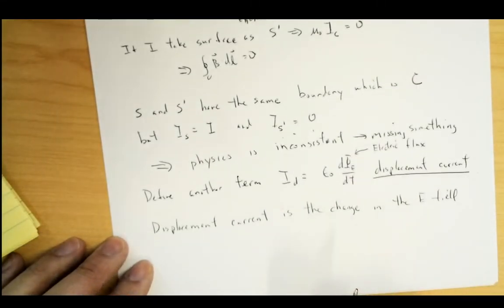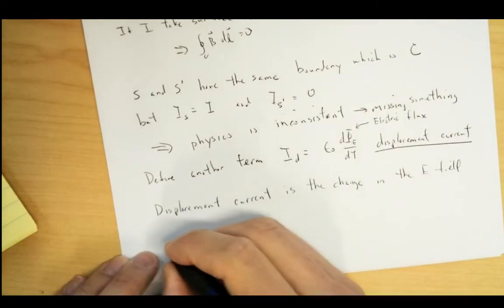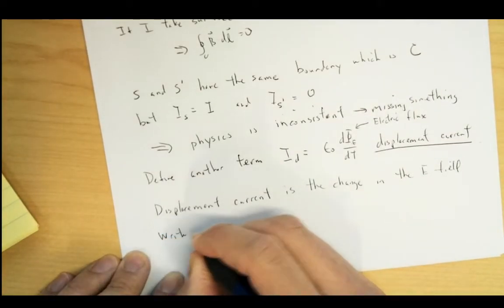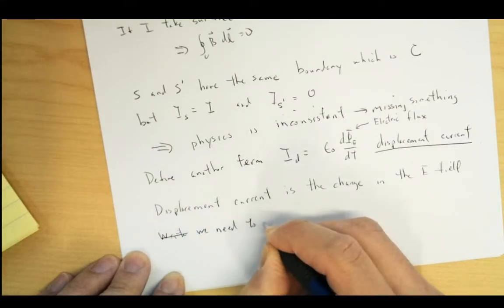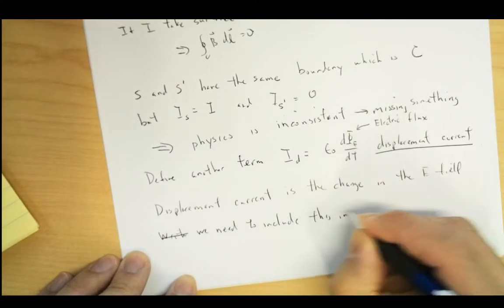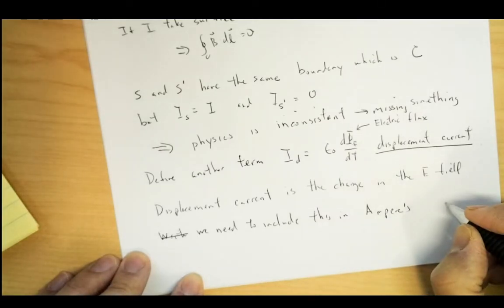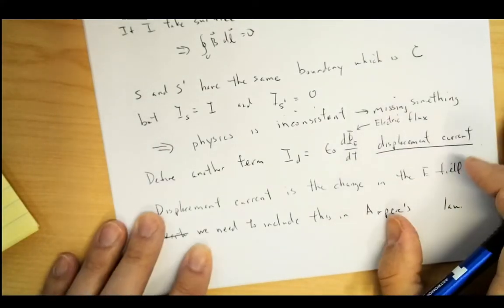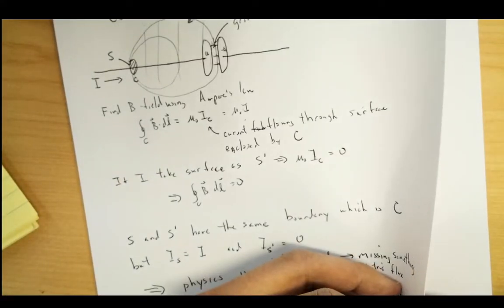All right. So let's go ahead and do this. We need to write down, so we need to include this in Ampere's law. So it's something called generalized Ampere's law. Okay. So let's go ahead and show that.